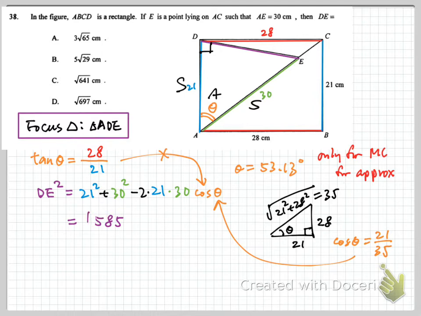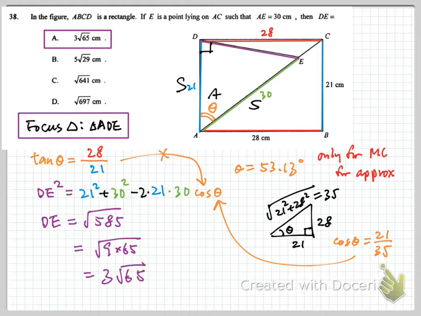If you just put equals 585, then by default that means DE squared equals the square root of 585. You have to put back the DE here. Okay, but there's no answer matching 585, so we have to further simplify it: it is 9 times 65, so we can change it to 3 times the square root of 65. This A is the answer.